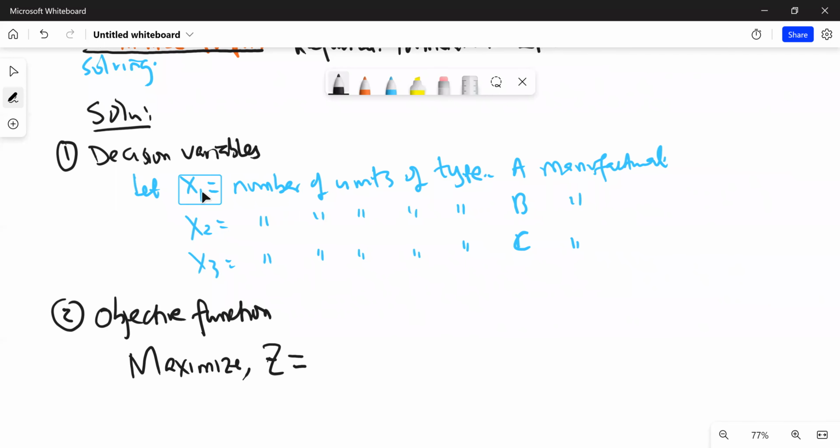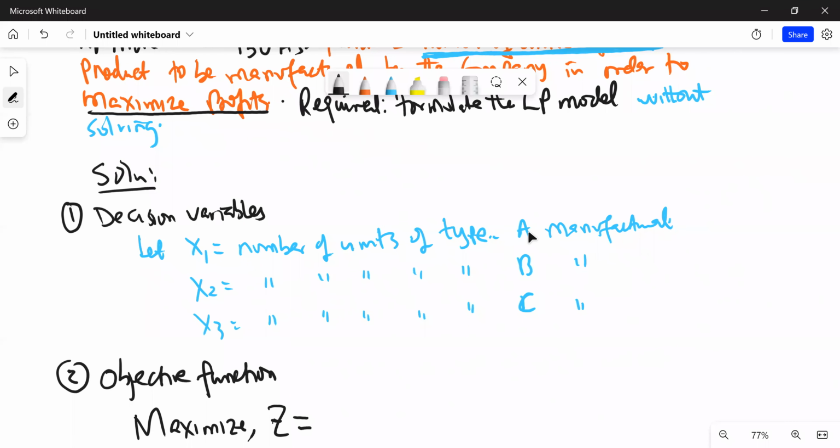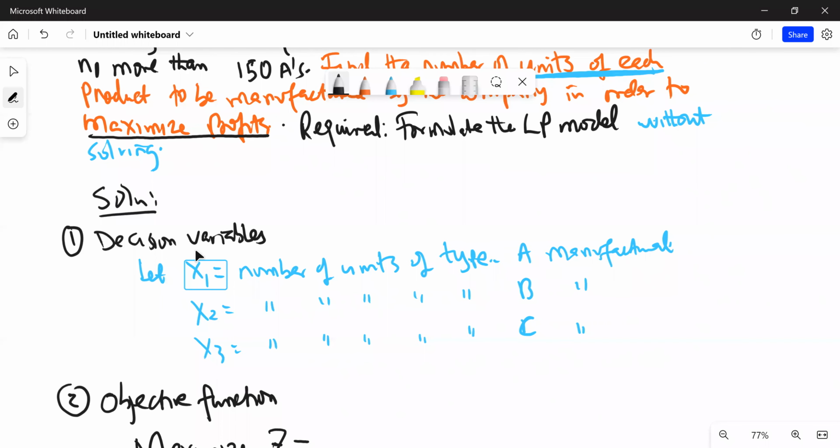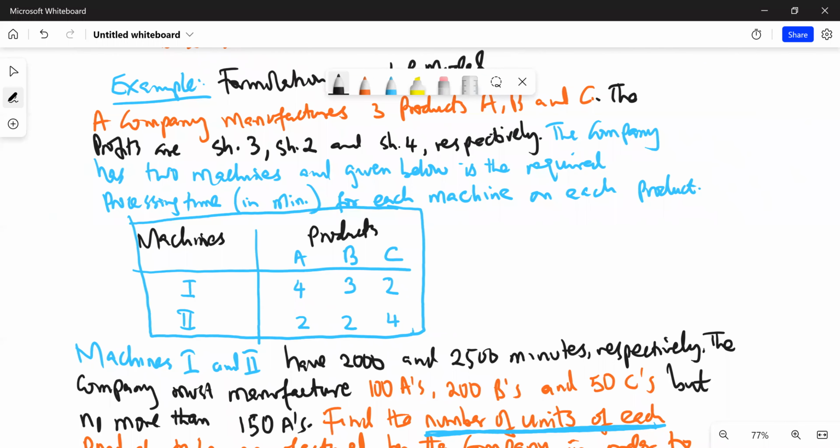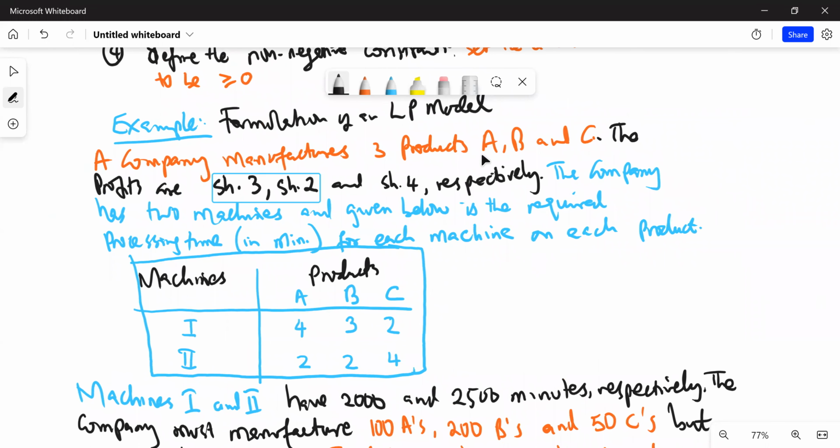So if you're going to produce X1 units of type A, and X2 units of type B, and X3 units of type C, it means that the total profit that we'll get from type A is the profit per unit of type A times the number of units produced of type A. And from the story, we are told that the profit is 3 shillings for type A products. And then we are manufacturing X1 of them.